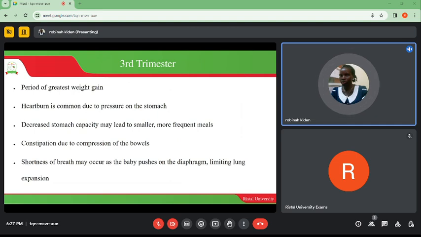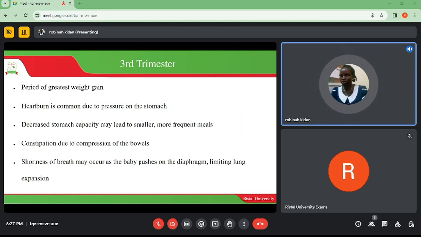Then third trimester, a period of greatest weight gain. This is where the mother gains a lot of weight. In most cases there is heartburn, which is due to the pressure on the stomach. The uterus has expanded because of the weight gain of the baby.